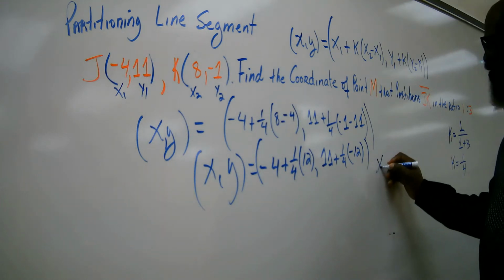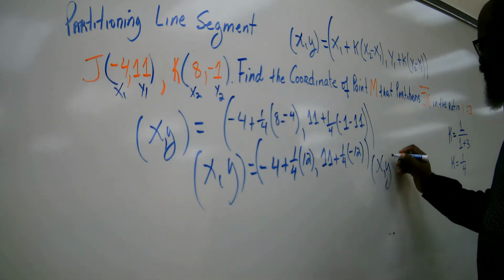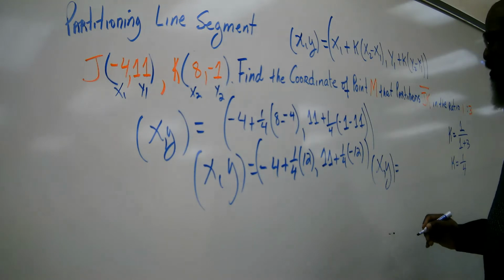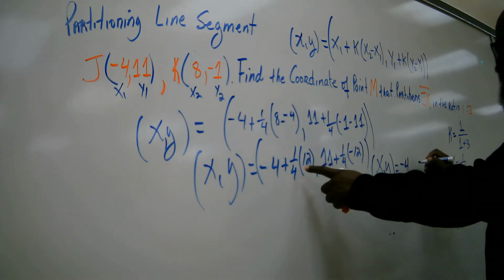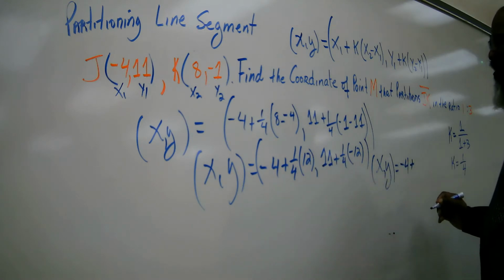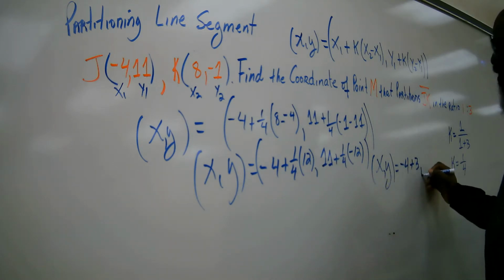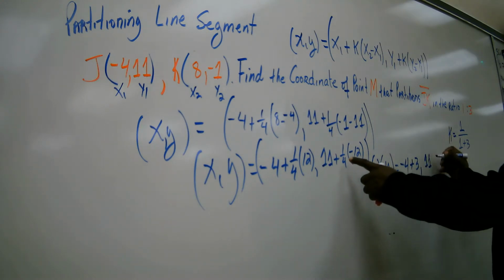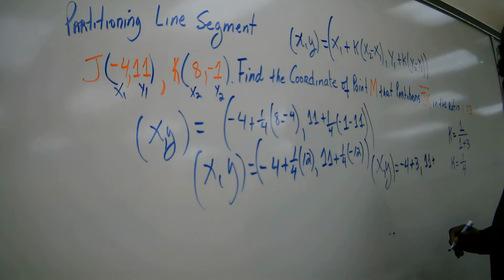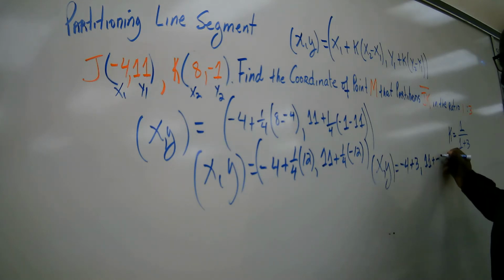So we will have xy equal, that will be -4. Now if you take 1/4 times 12 is 3, comma, that will be 11, and 1/4 times -12 is -3.